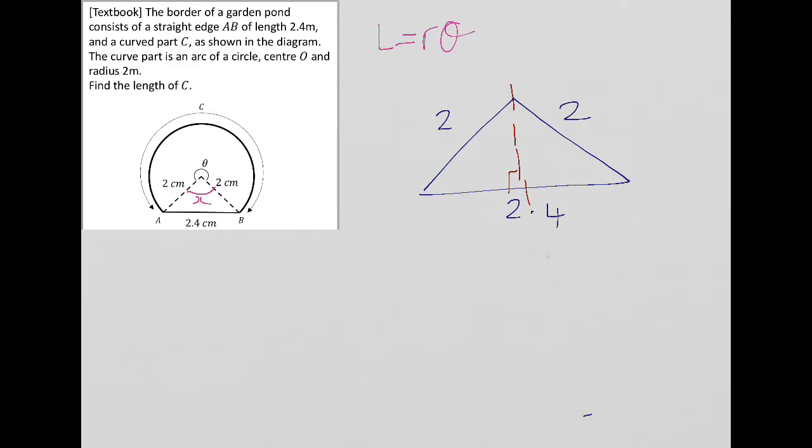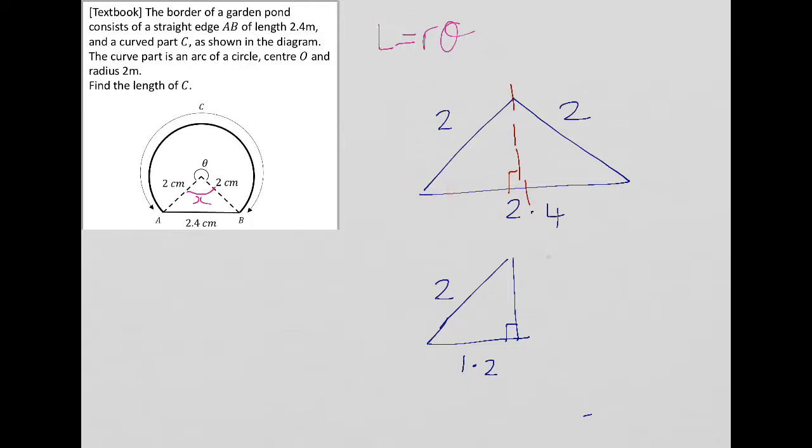So I then could draw out a new triangle. That would be 2, this would be 1.2, and that there would be a right angle. Now remember, I can do that if you've never seen that done before, because it's an isosceles triangle, because I know it has symmetry, and that this would be a line of reflective symmetry.